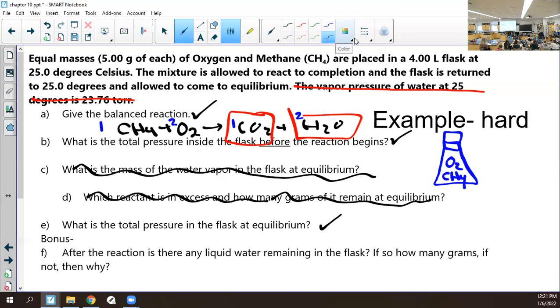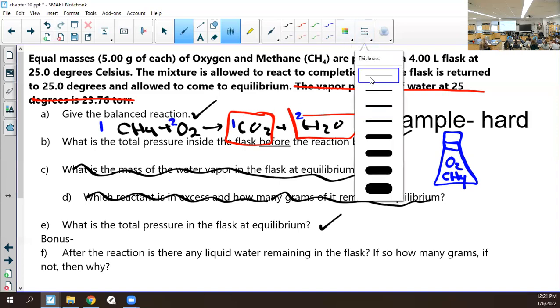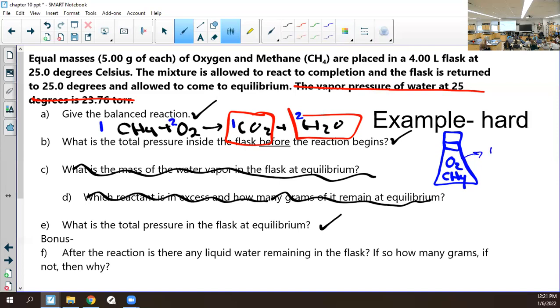So in order to find any of this stuff, I got to convert things to moles, right? So I need the moles of O2 and I need the moles of CH4. To do that, I take their masses and divide them by their molar masses. It says 5 grams of each.